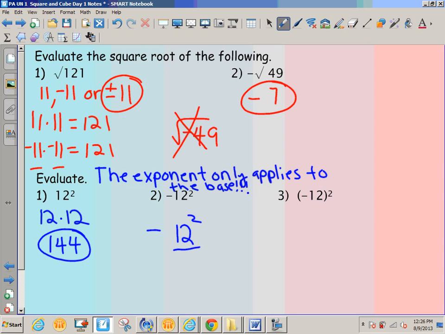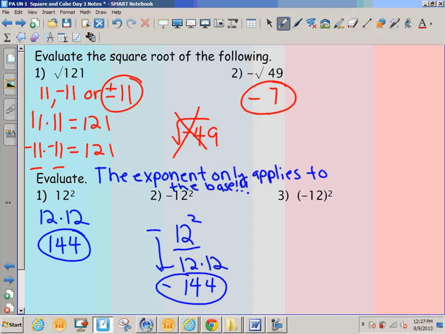So that means 12 times 12, which is 144, and then you bring the negative to follow. The exponent and the base number of 12 have to stay together, but the negative is just out there in front.